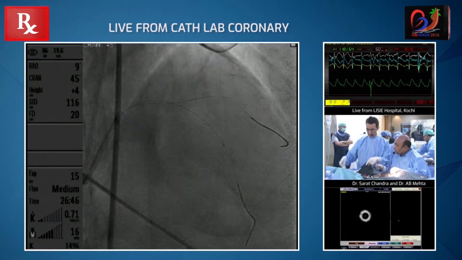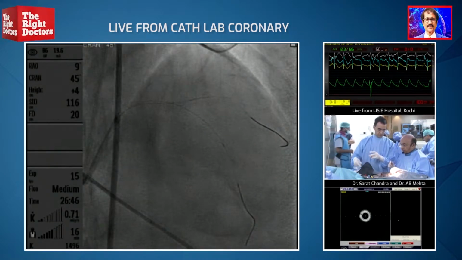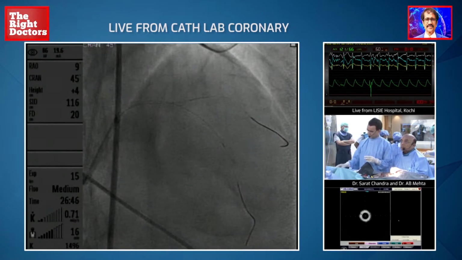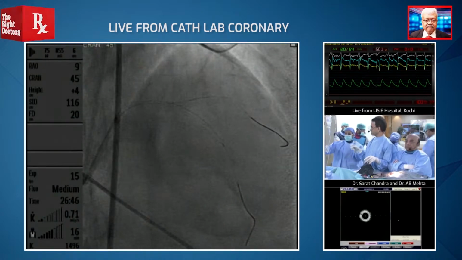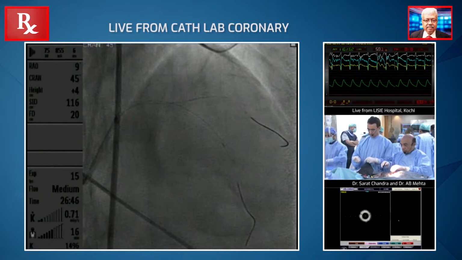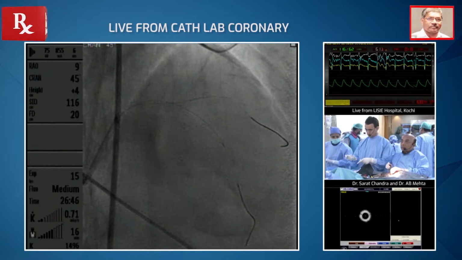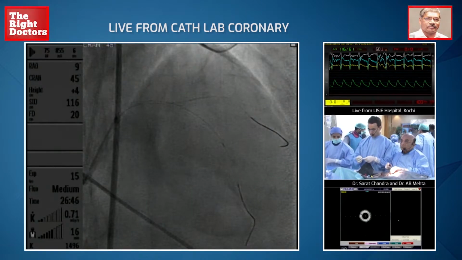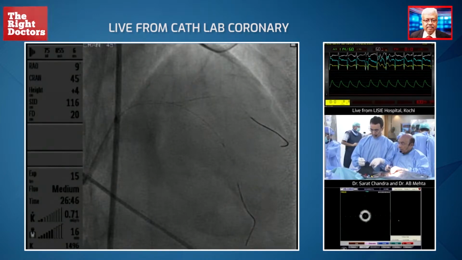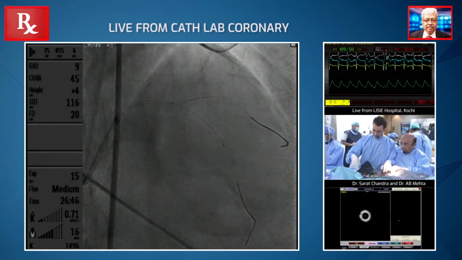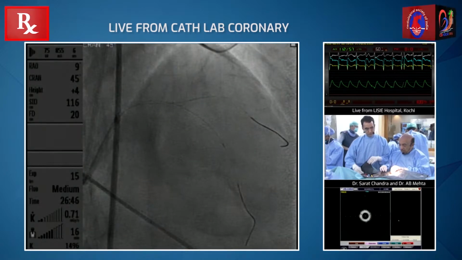2.5 in the side branch, and you can give 3 in the straight left. Yeah, directly. So give us 2 balloons, the 2.5, okay, and give the 3. This is a 2.5 balloon in the side branch.